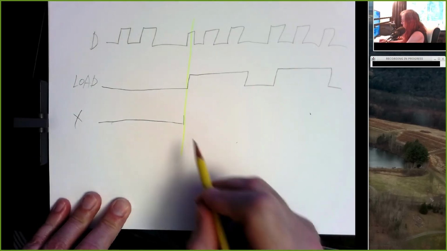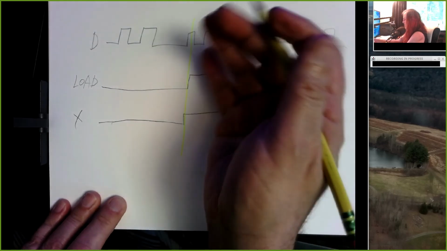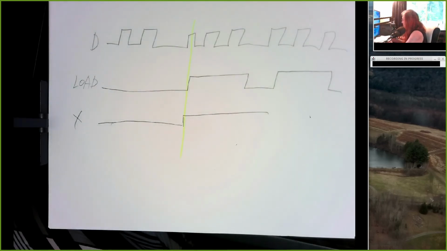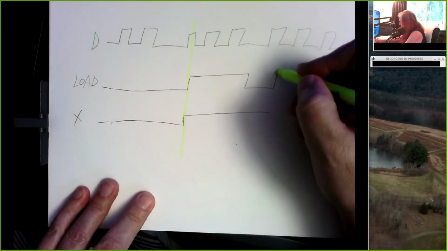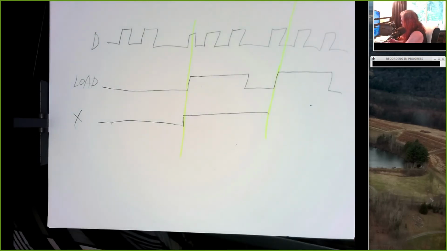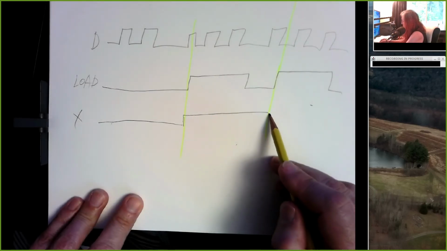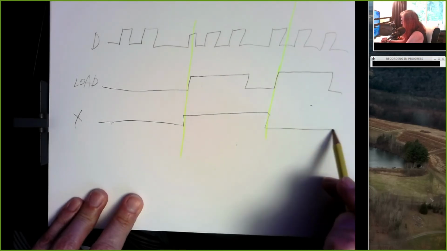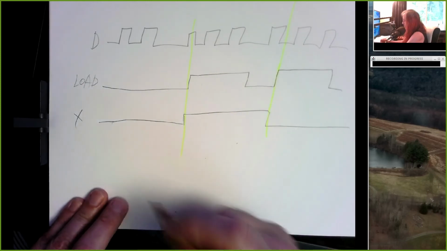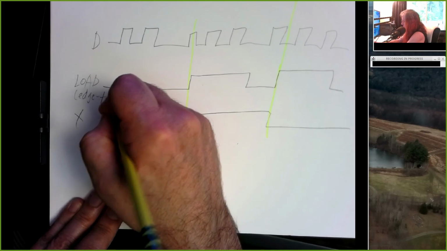And it's just going to stay a 1. And it's going to continue to ignore all those changes in the D input until the next moment where the load line changes from a 0 to a 1. And at that moment it's going to look and say, oh, D is low, okay, I'm going to go low. So this is edge triggered.